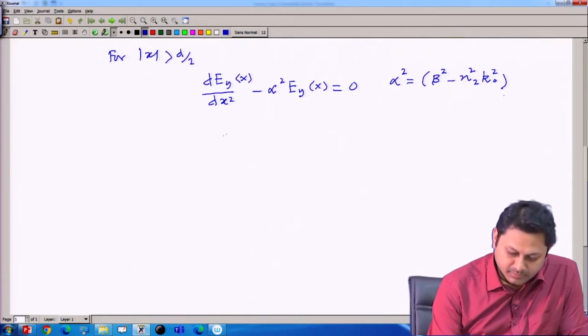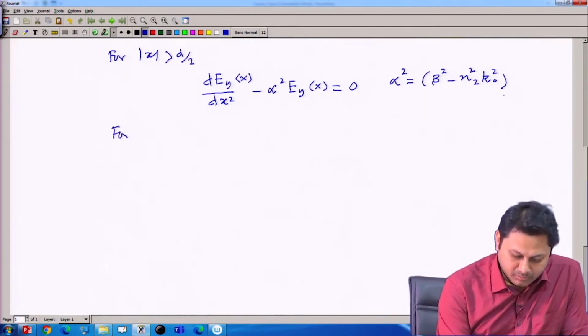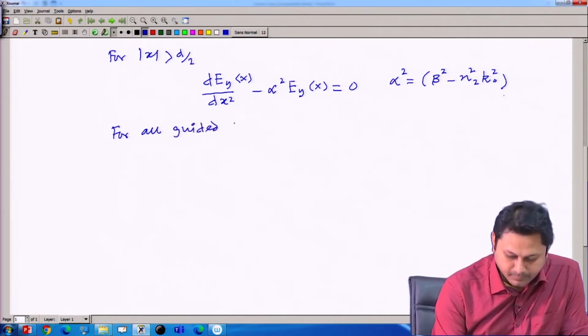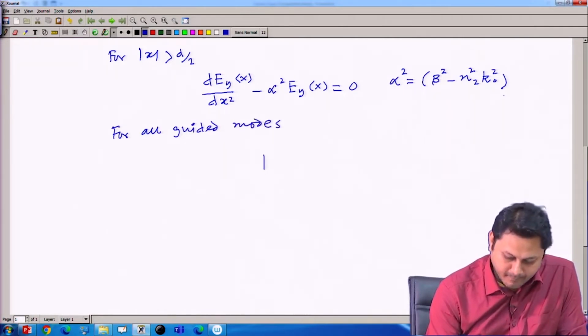Note that for all guided modes, beta should be in between these values.